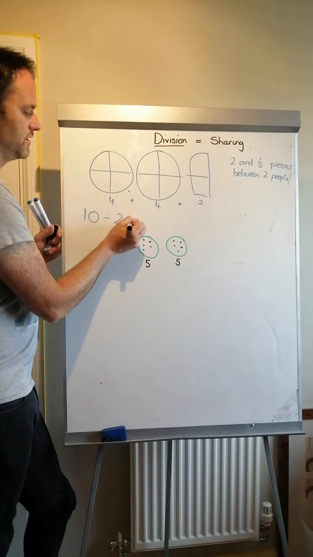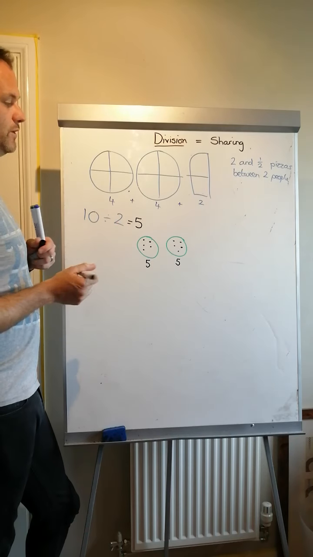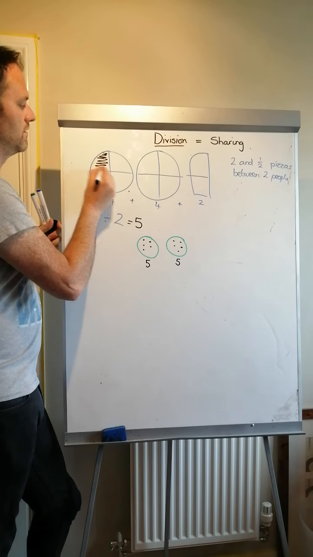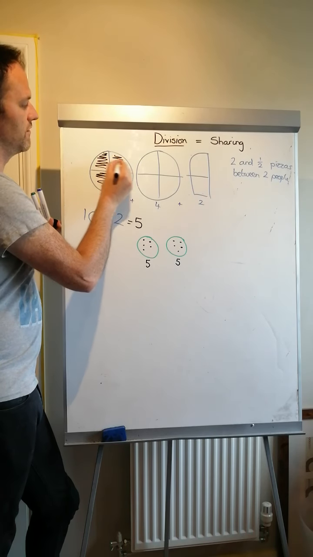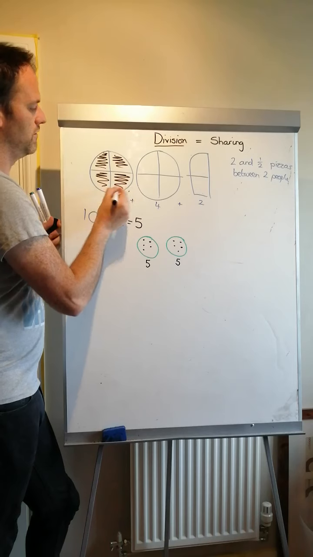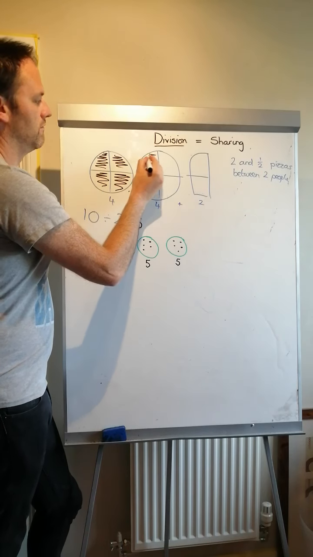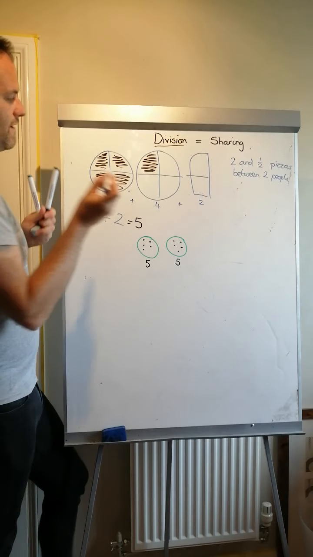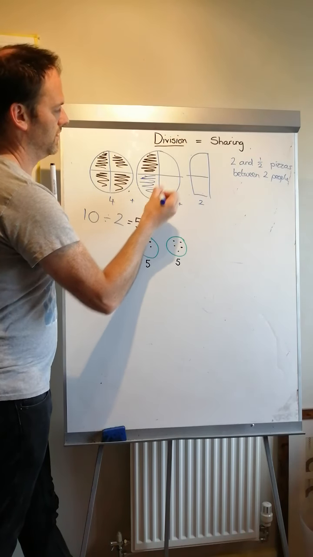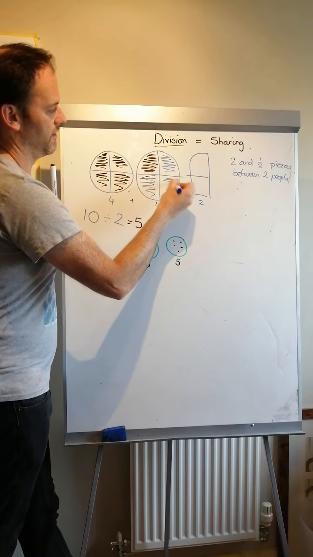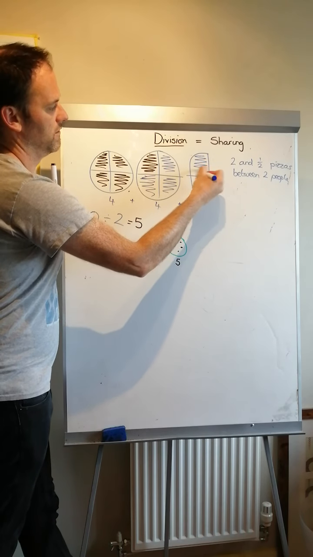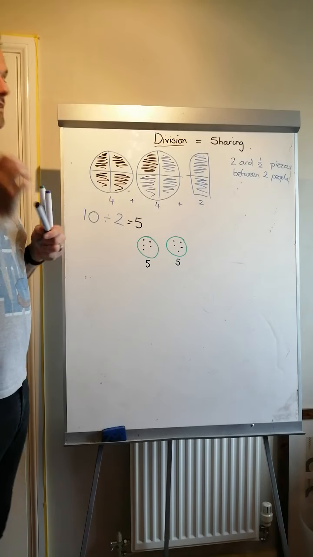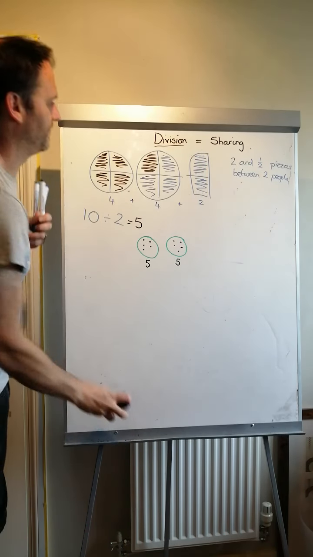So 10 divided by 2 equals 5, which means they get 5 pieces of pizza each. So 1, 2, 3, 4, and one more, 5, which means the other person should get 5 pieces as well. Look, 1, 2, 3, 4, 5. Easy and as simple as that.